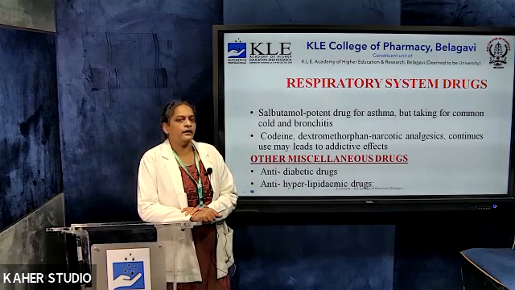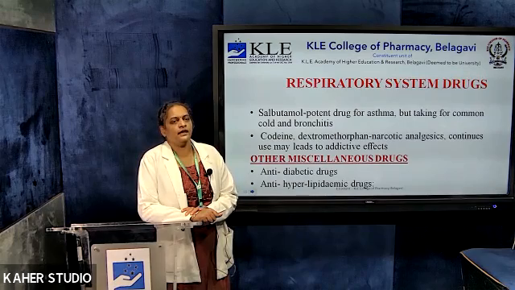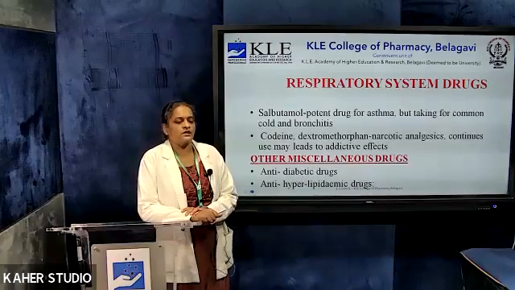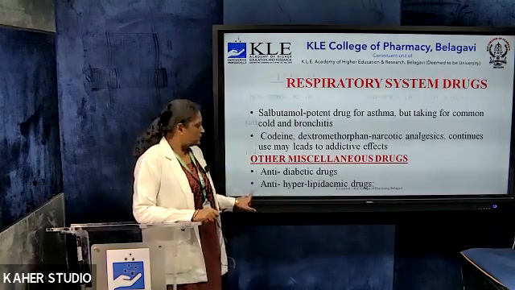These drugs lead to additive effects. Other miscellaneous drugs, such as anti-diabetic, anti-hyperlipidemic, and anti-hypertensive drugs, are also misused because people do not fill the prescriptions and use them for a longer time, and it can lead to problems.